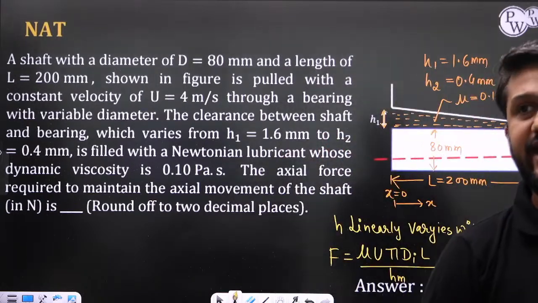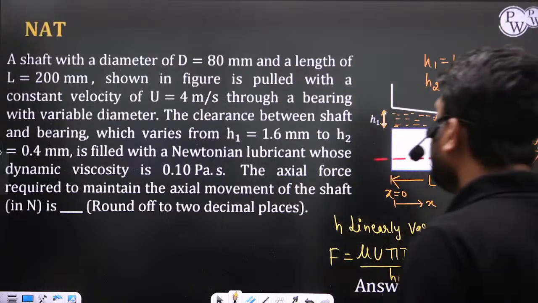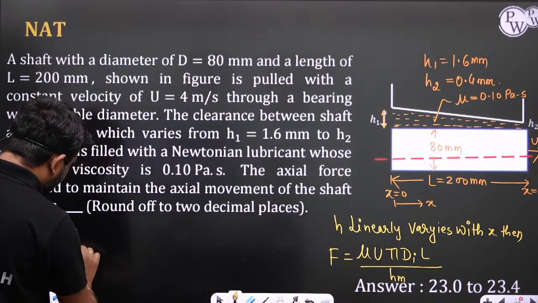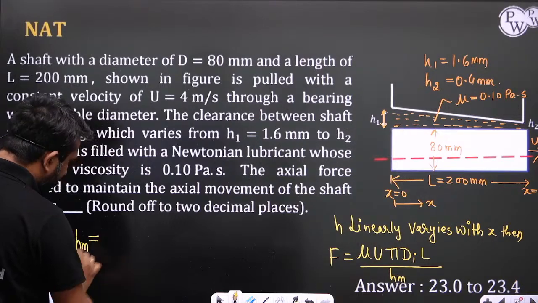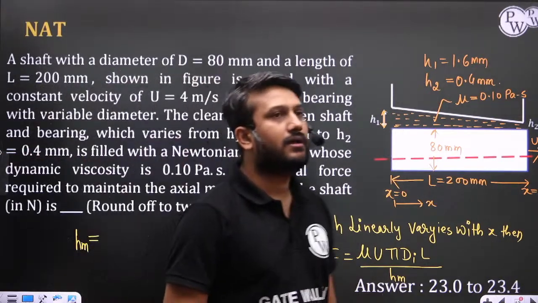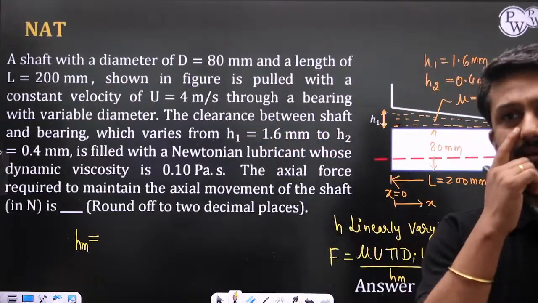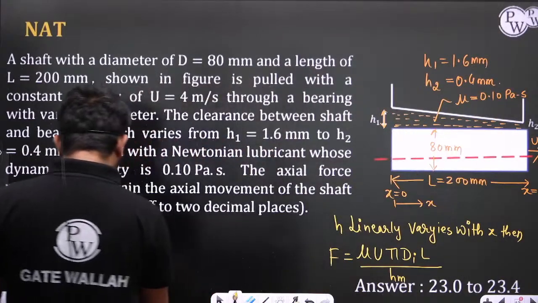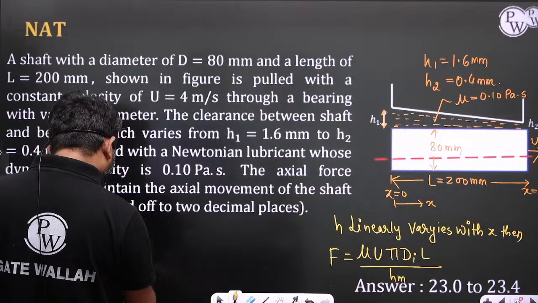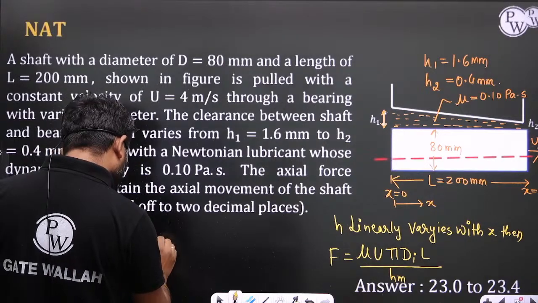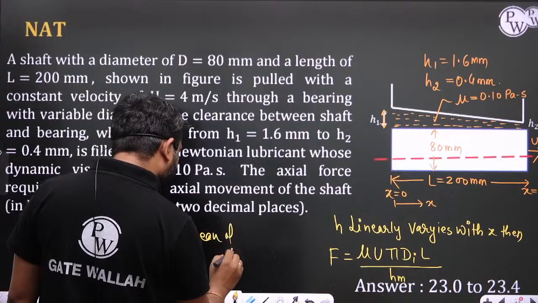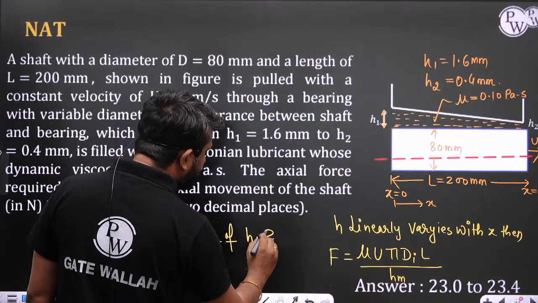And what is the HM in this case? That HM is nothing but the logarithmic mean of H1 and H2.